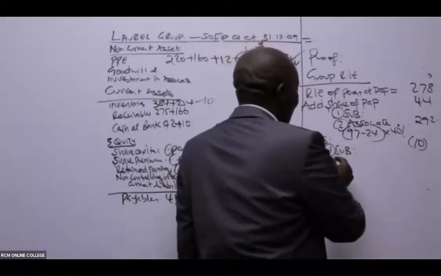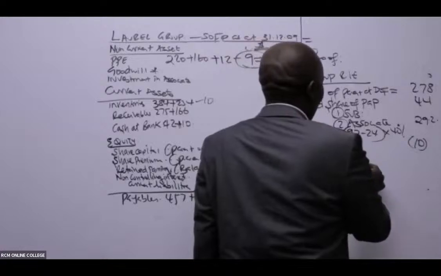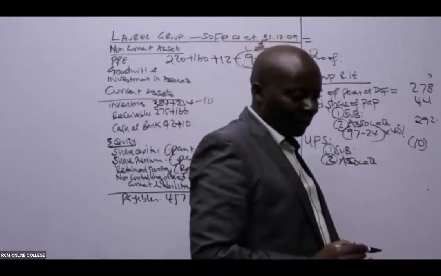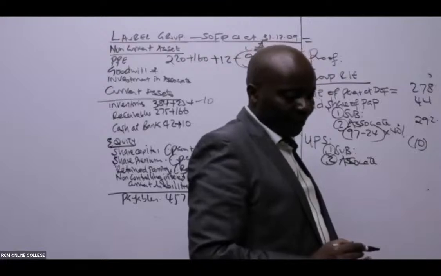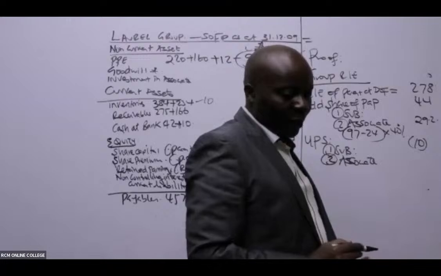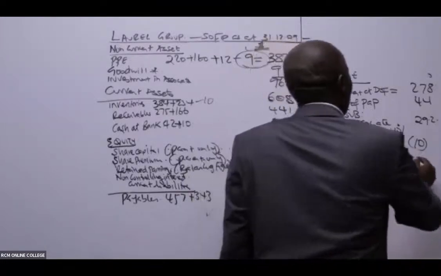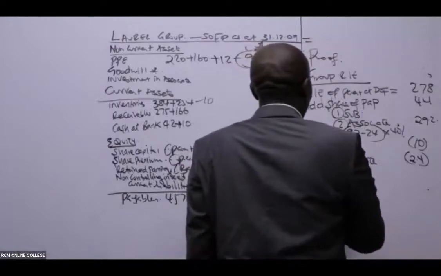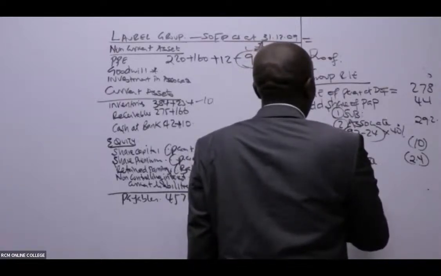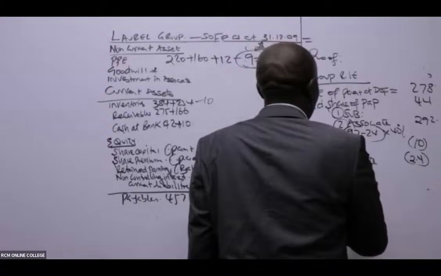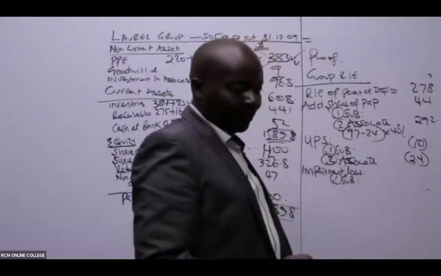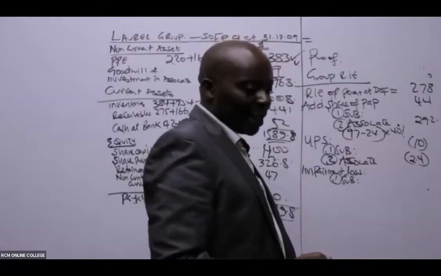And then we have UPS from the associate. Are they able to remember the 2.4 somewhere? 2.4, yes. And then we have the impairment loss. Impairment loss, number one from the subsidiary: goodwill, which we got from the subsidiary as the parent.